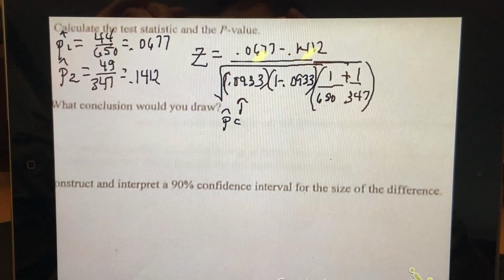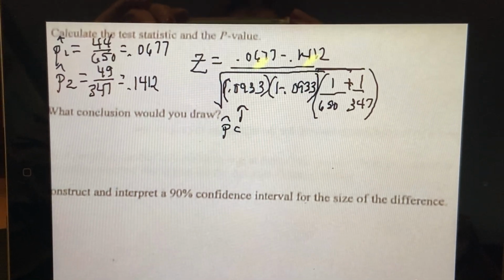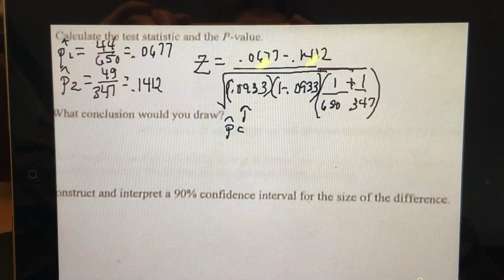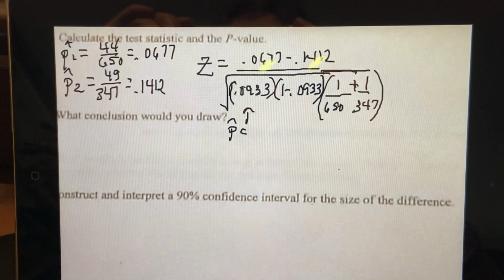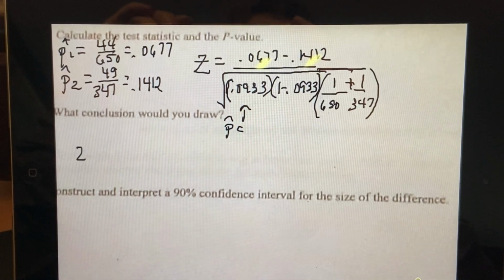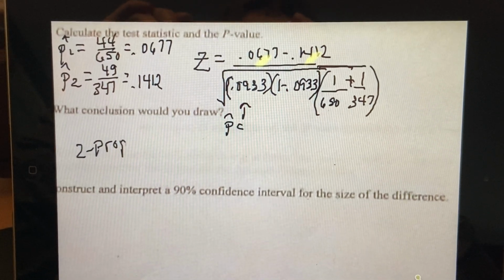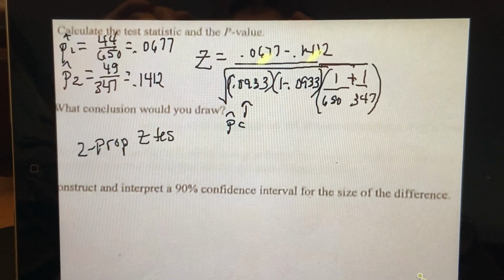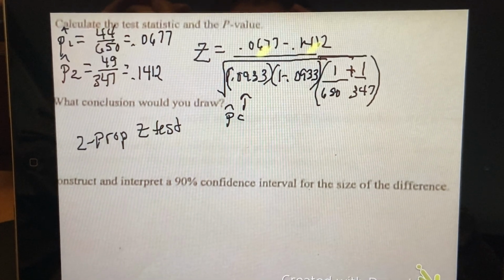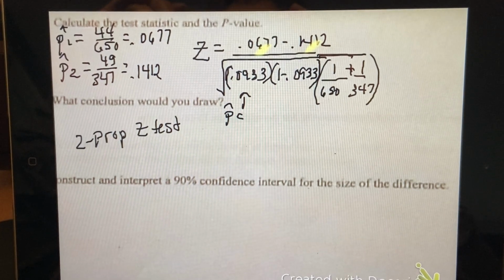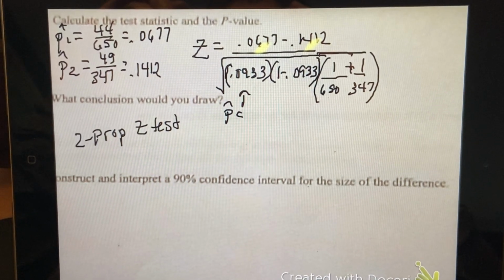Again, I'll show you where it is on your formula sheet, so just bear with me. But you can do all of this in your calculator. So I'm going to 2-PropZTest. If you follow along with me, you're going to choose it. It's number 6.